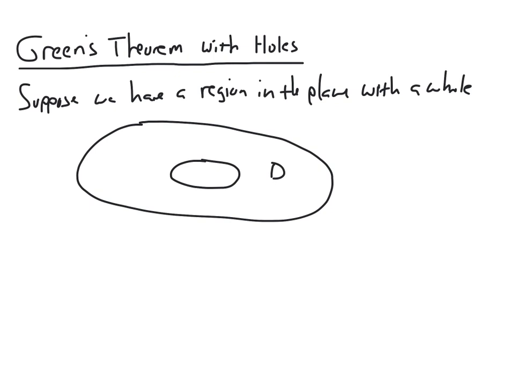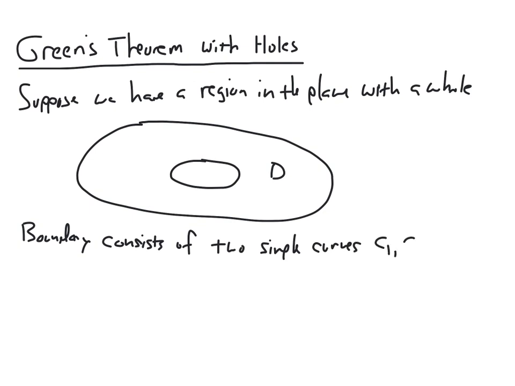So for this region, the boundary consists of two curves, and in particular, two simple curves, which we can call C1 and C2. And we're going to assume both of these curves are positively oriented.